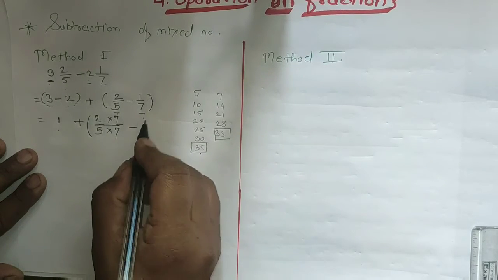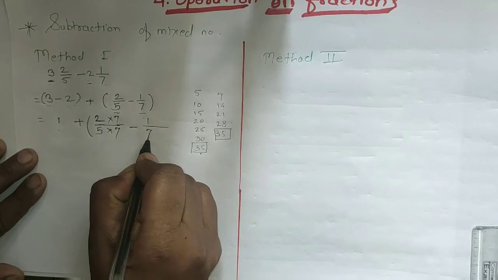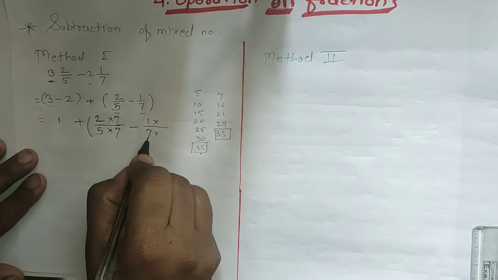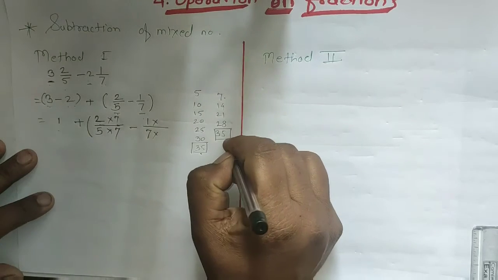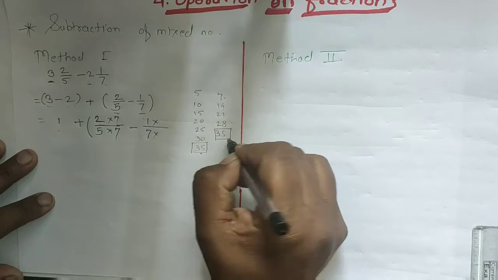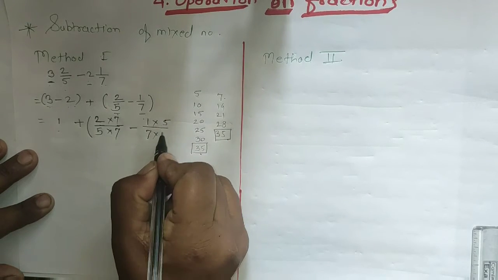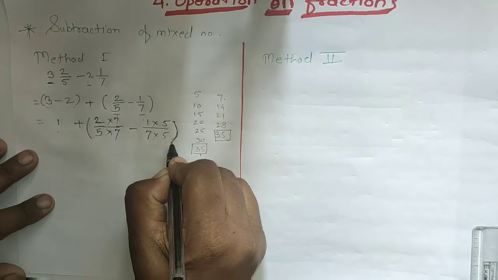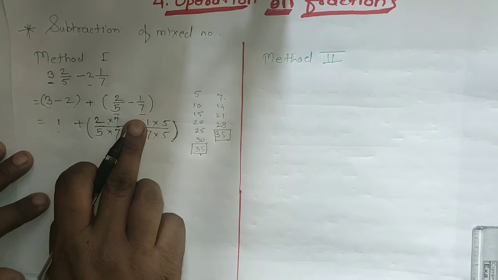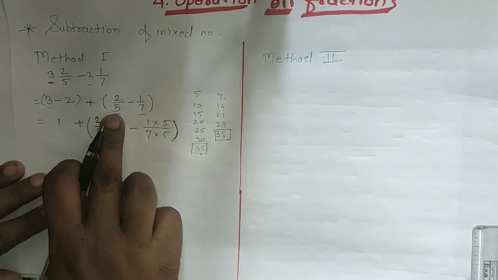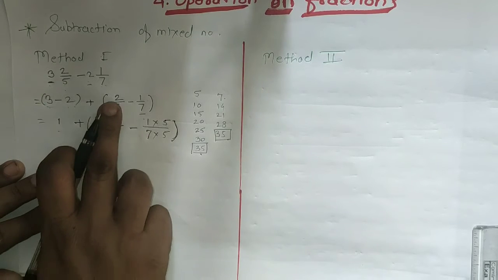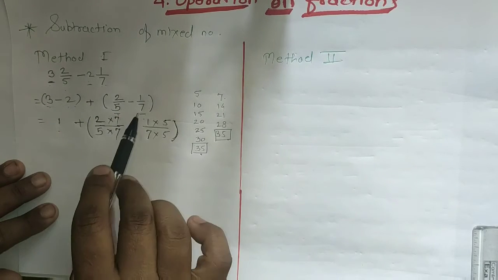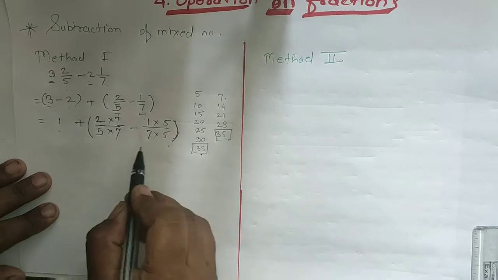Now minus 1 upon 7. In 7's table, 35 is present at the 5th place, so multiply by 5. Is that clear? To make the denominators the same, we multiply 2 upon 5 by 7 and 1 upon 7 by 5.